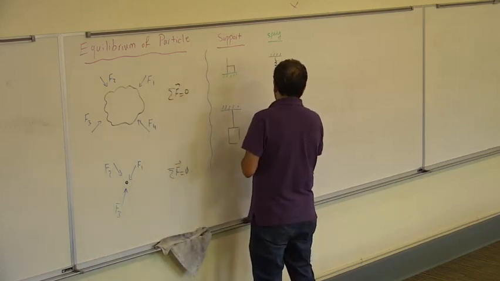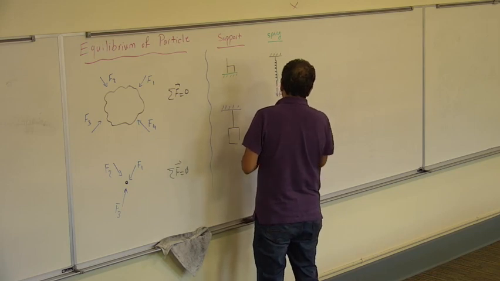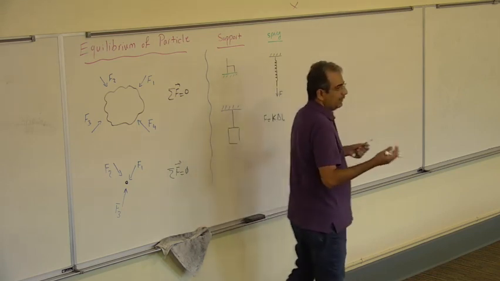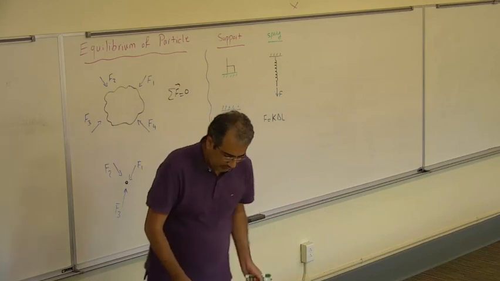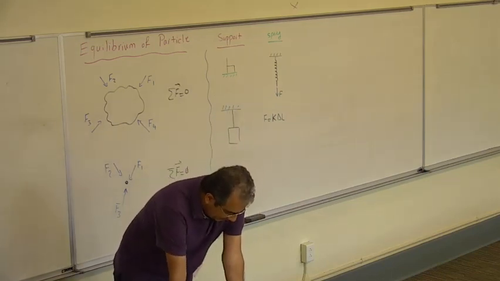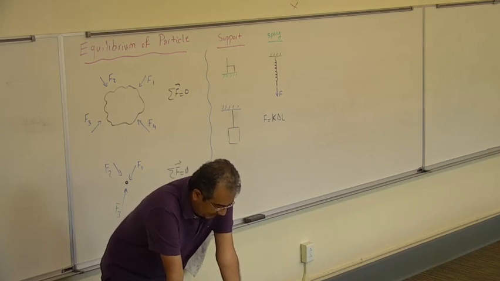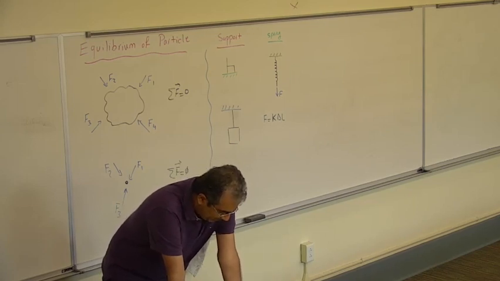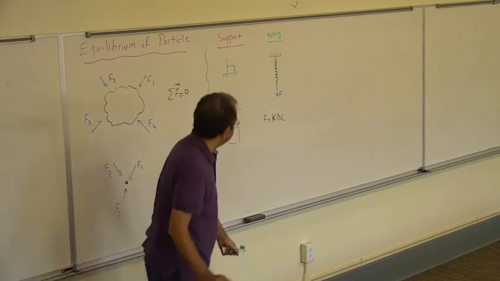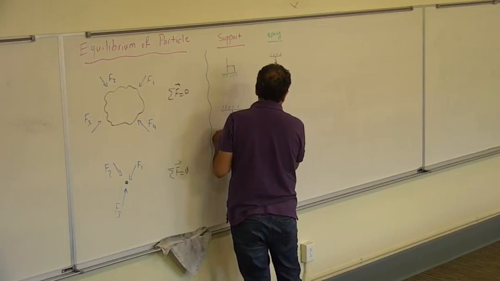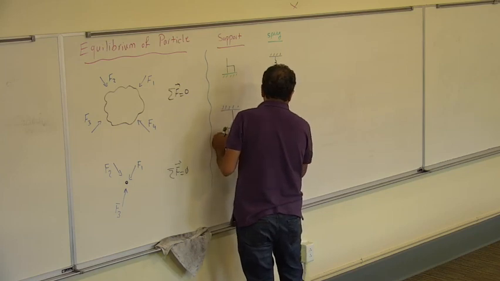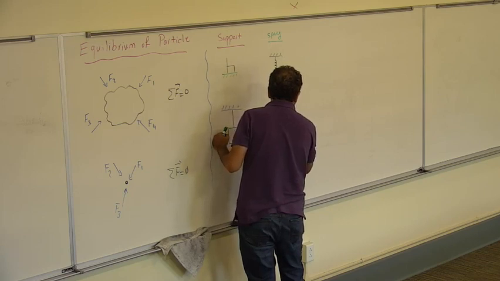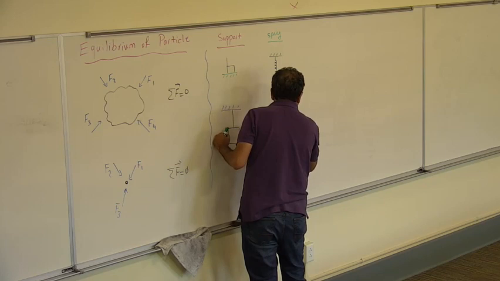You have this in physics: F is K delta L. K is the spring constant, or the stiffness of the spring, and delta L is the deformation in the spring, how much it deformed.